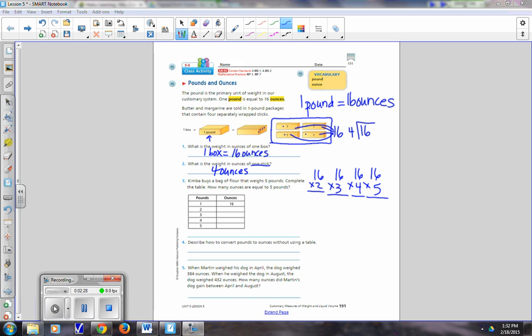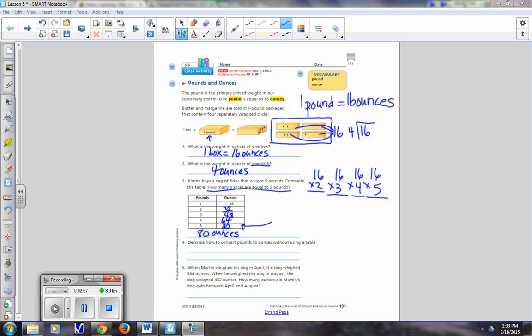So you've got 32 ounces, 48 ounces, 64 ounces, and 80 ounces. To answer the question, how many ounces are equal to 5 pounds? You've got 80 ounces.